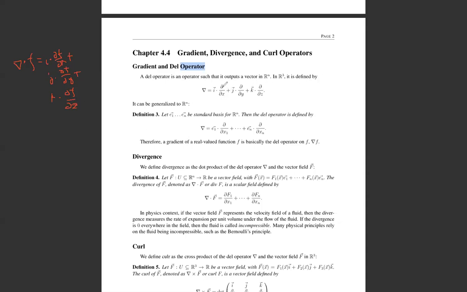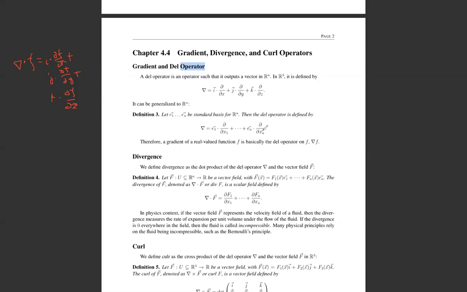Because this is an operator on f, same thing as partial y, same thing partial z. And when you look at this, this is basically the gradient of f. So when the del operator operates on f, you get the gradient, right?